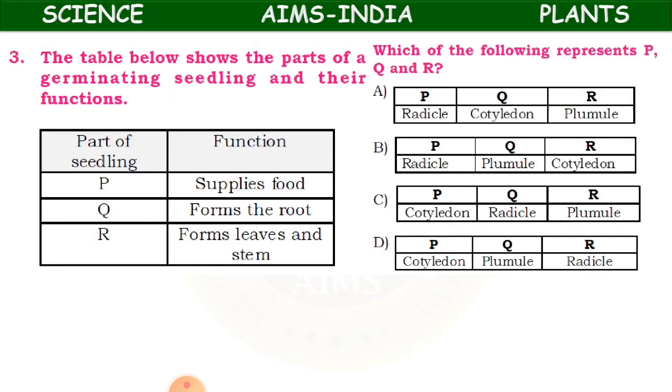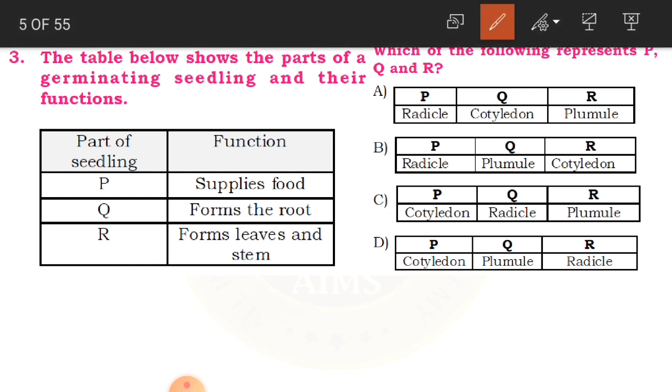The table below shows the parts of a germinating seedling and their functions. Okay, which of the following represents P, Q and R? So here children, we are having different parts here, P, Q and R. Okay, and their functions are like this. P, what does it do? It supplies food. Q, it forms the roots.